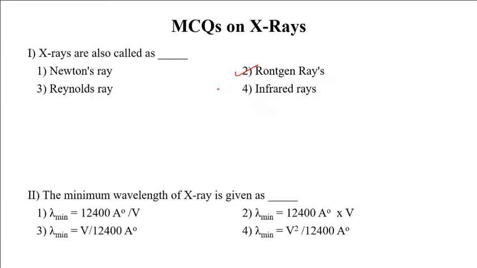Next question, the minimum wavelength of X-rays is given as, we know its equation in angstrom unit, 12,400 upon V, which is option number 1.